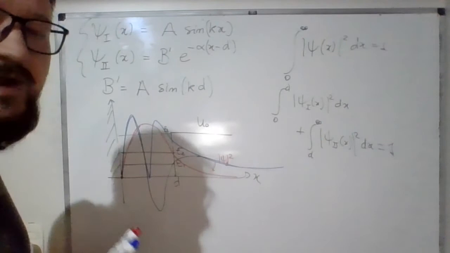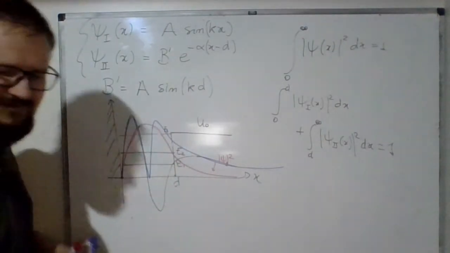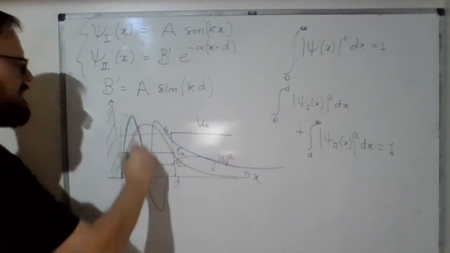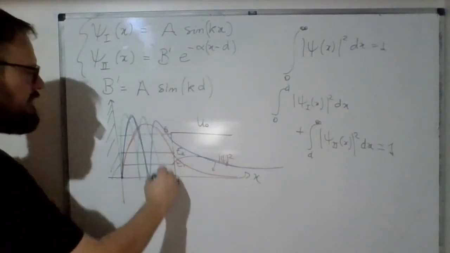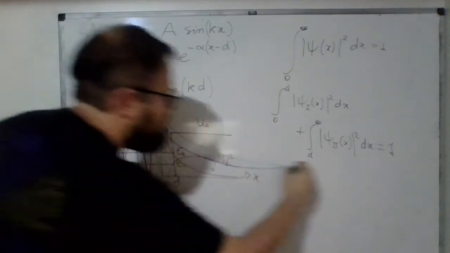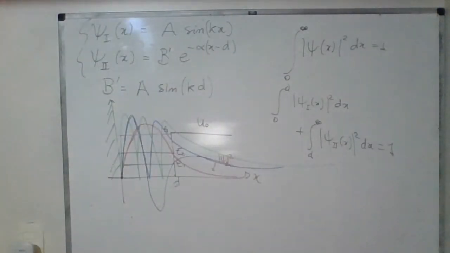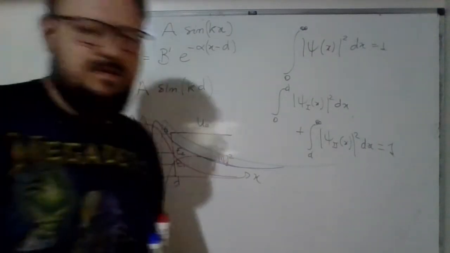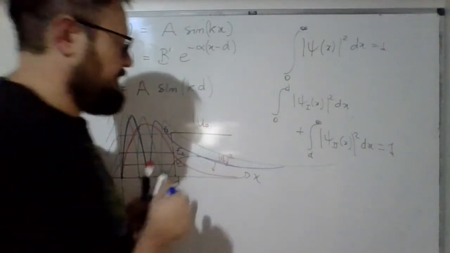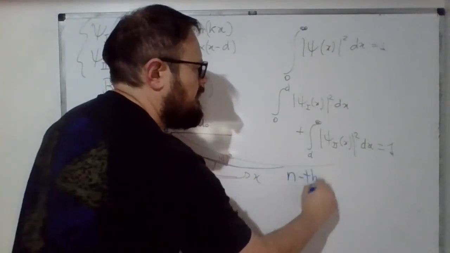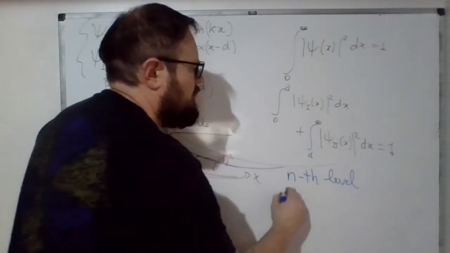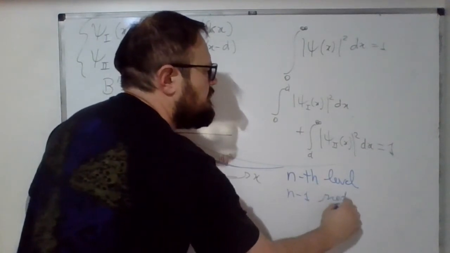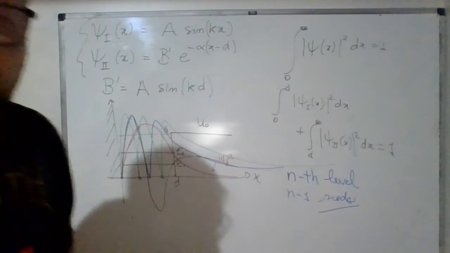Third solution, you'll find something like one peak, another peak, another peak, and then it goes further, and you'll find one, two nodes. So for the nth level, you'll find n minus one nodes. All right, this is a feature.